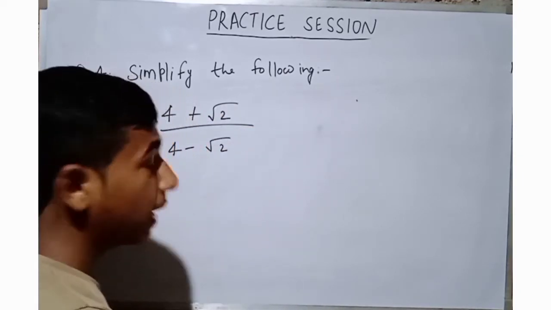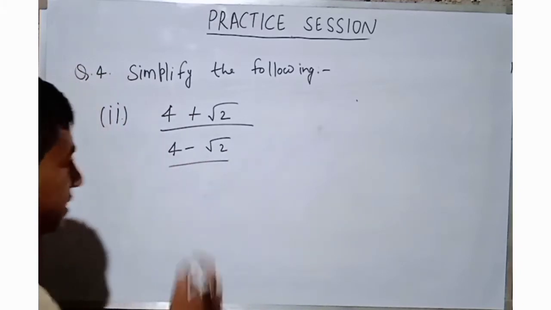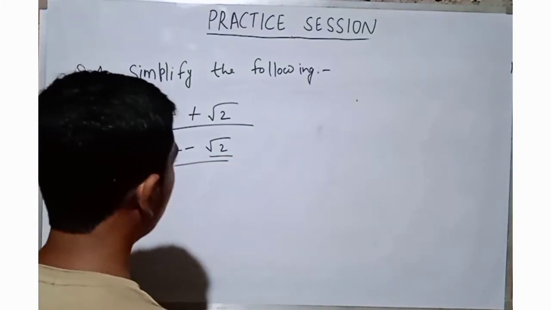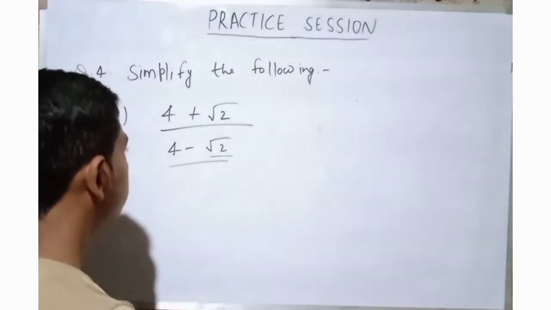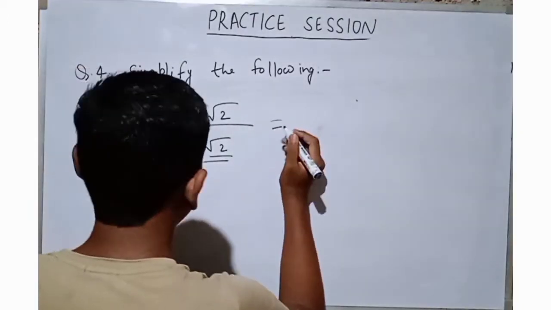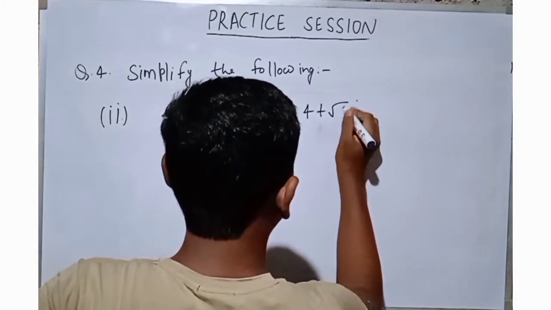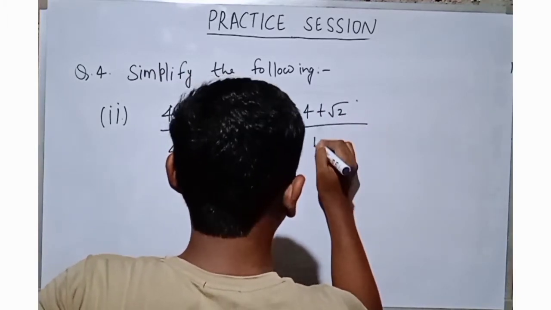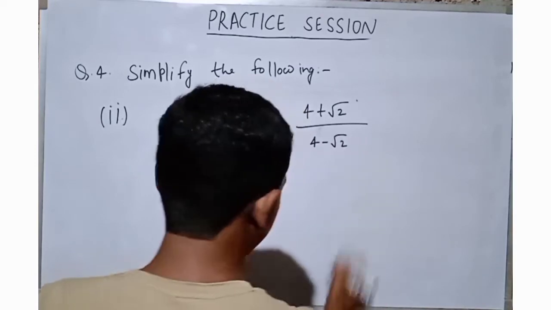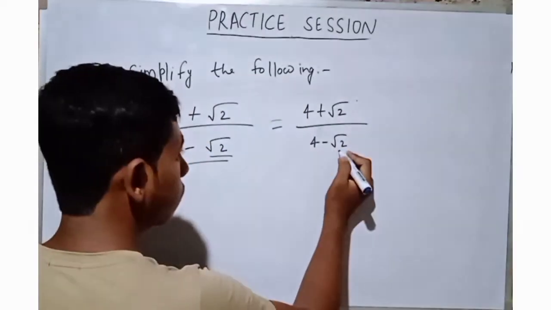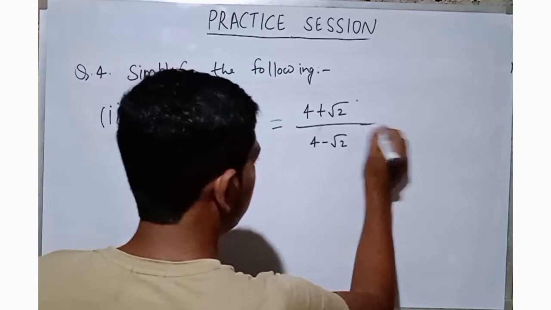So first of all we have to rationalize the denominator, as there is a root 2, or say any root. If there is any root, then you do that rationalization. In order to remove this root, we have to multiply with the opposite sign.